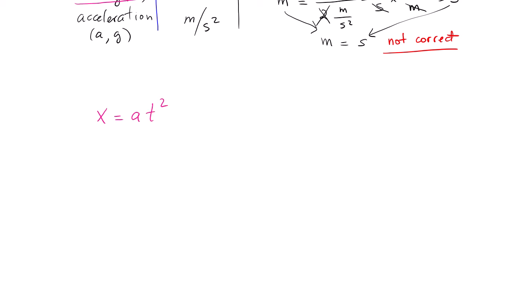Let's do the dimensional analysis for this one. x is measured in meters. I'm going to put this equal sign and ask whether it's going to be equal dimensionally on the other side or not. Acceleration is measured in meters per second squared. Time is measured in seconds, and there is a square on the top. So this square makes it second squared. As you can see, the second squareds cancel out. We end up having meter equals meter, left side and right side.